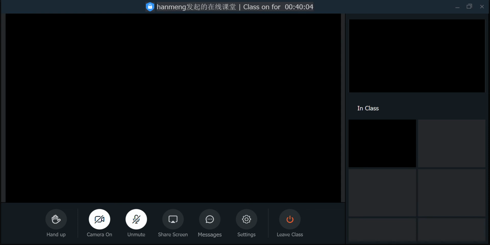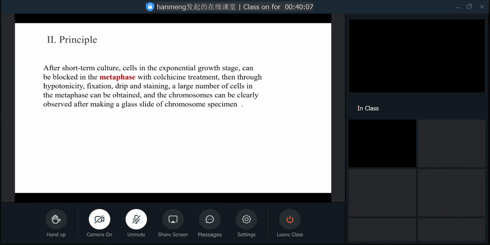You also need to know some cell biology. The chromosome in metaphase is located at the center of the cell and can be observed, and its morphology is the best for us to observe in metaphase.